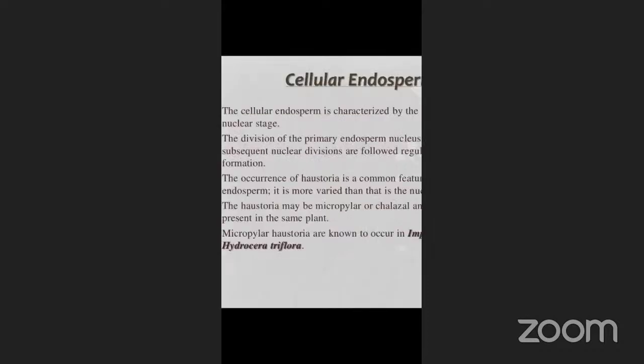Endosperm, pages 27 to 37. Endosperm is of three types.